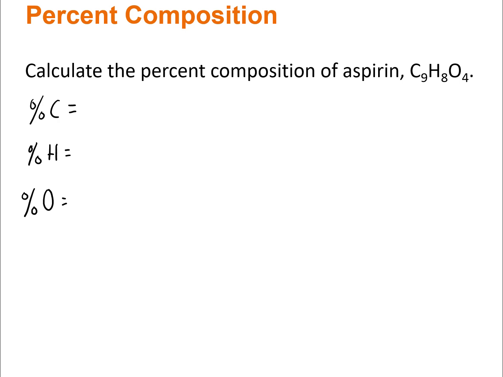I'm going to start writing some things out. We need the molar mass of aspirin before we can do anything with the percentages. Your molar mass should be somewhere in the ballpark of about 180 grams per mole.